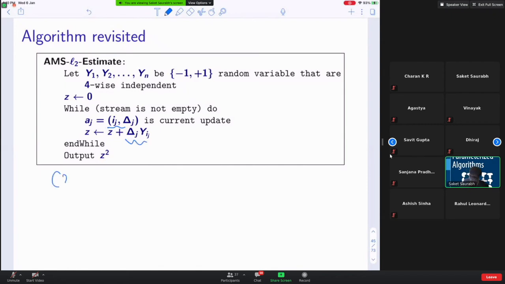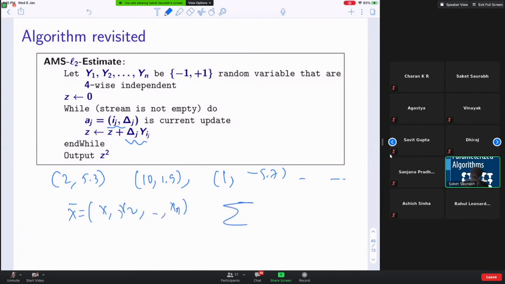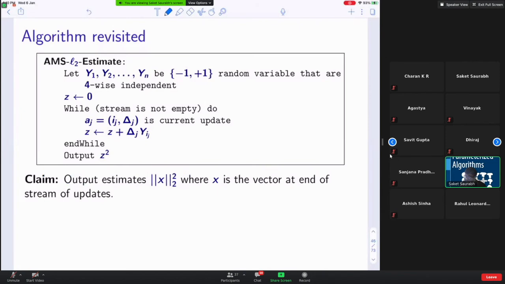For example, your updates could be 2 comma 5.3, 10 comma 1.9, 1 comma minus 5.7. It could be anything. At the end, you have some x vector, x_1, x_2, up to x_n, and my objective is to estimate the norm x_2 whole square, where x is the vector at the end of the stream of updates. This is our proposed algorithm.